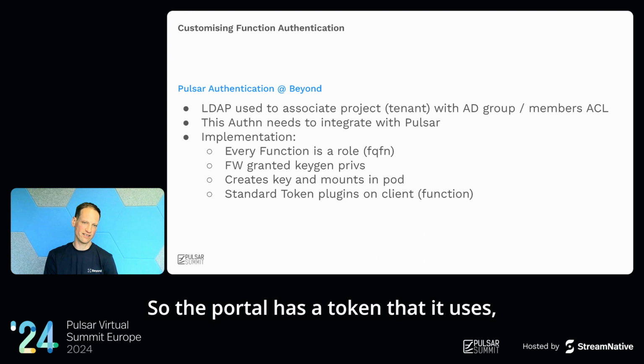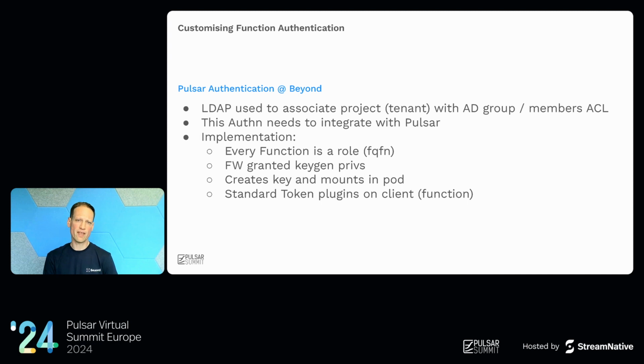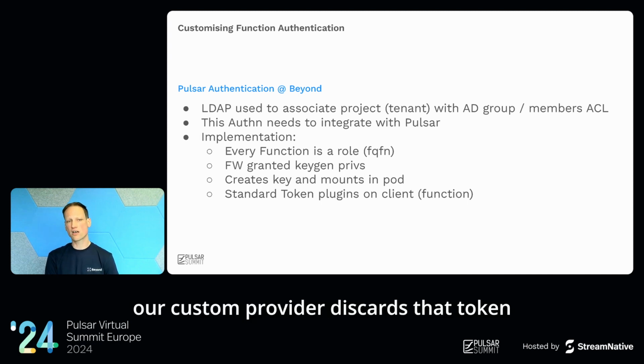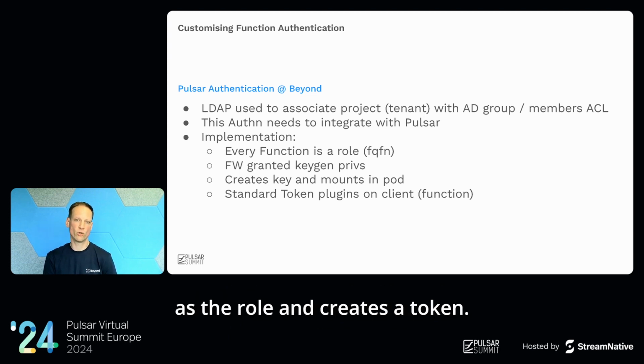The portal has a token that it uses, which is essentially a super user token. And at that point, our custom provider discards that token and creates a token based on the function name. So it just uses the fully qualified function name as the role and creates a token.